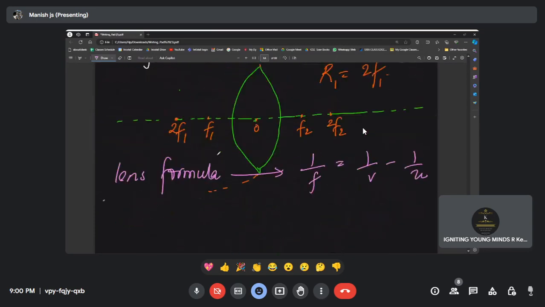Meanwhile, let's also see the different questions from the examination point of view. This chapter is quite vast, so it is quite time consuming. Once we are done with all the concepts, we can start with the numericals also. That's it for today. Any doubts you have, you can ask me.